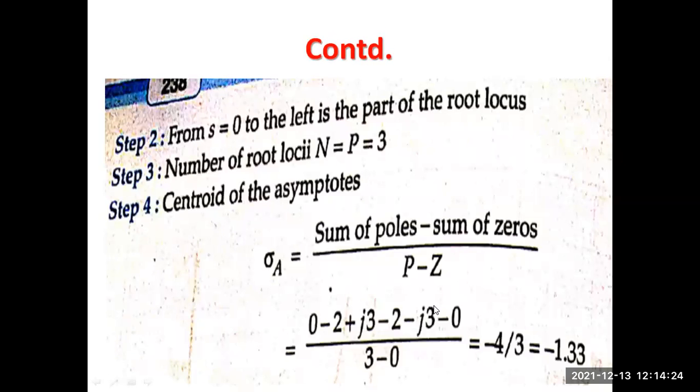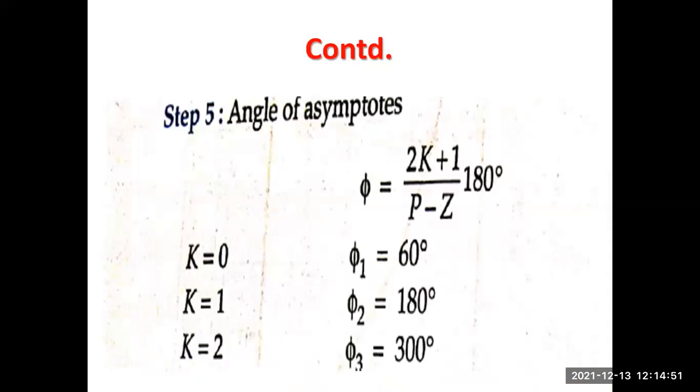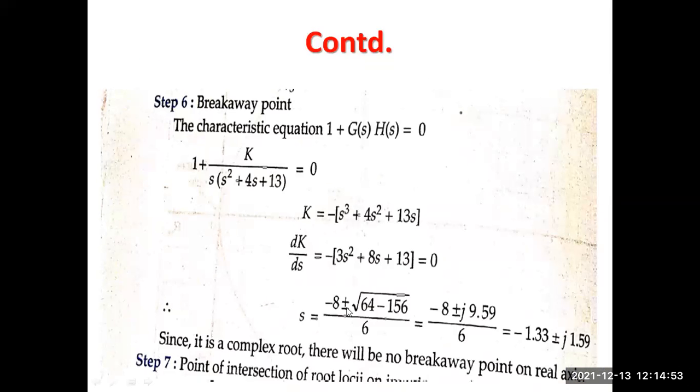Now you calculate the breakaway point. Very good. I think you have understood at least root locus. Calculate the breakaway point. The steps are similar. All steps are same. Sir, minus 1.33 plus minus j1.59. Okay, very good. But this cannot be a breakaway point because this is imaginary.